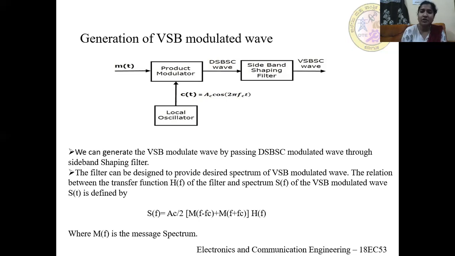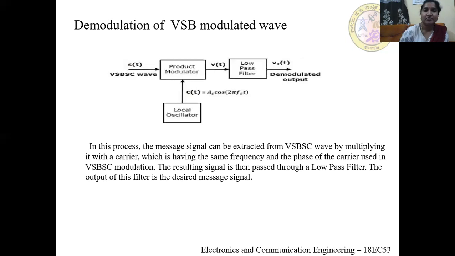This is the output of the sideband shaping filter. H(f) is the transfer function of the sideband shaping filter, and M(f) is the message spectrum. This is how we generate the vestigial sideband modulated wave.